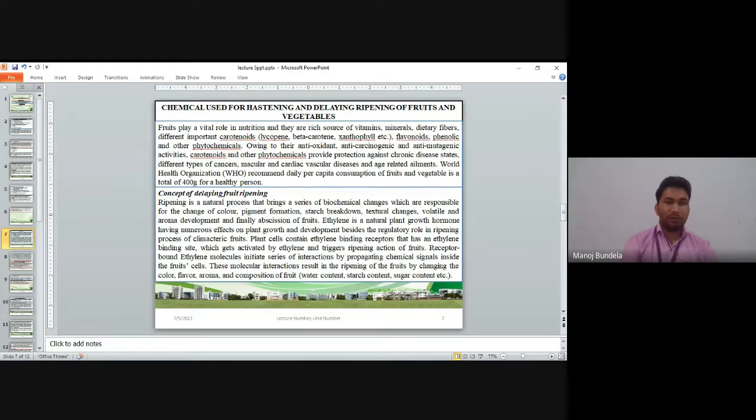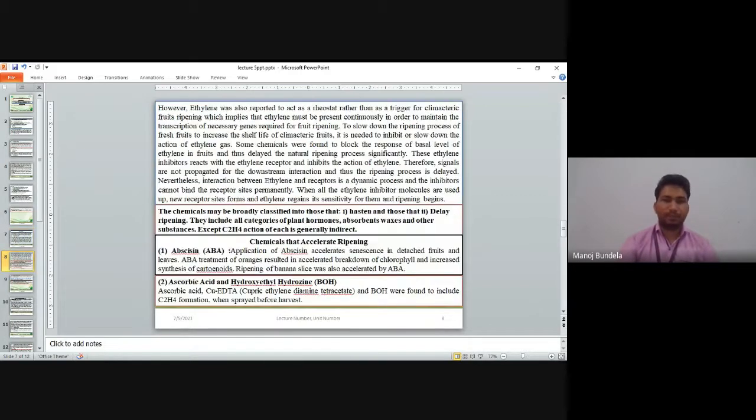Receptor-bound ethylene molecules initiate a series of interactions by propagating chemical signals inside the fruit cells. These molecular interactions result in ripening by changing the color, flavor, aroma, consistency, water content, starch content, and sugar content. These are the different changes that occur during the ripening of fruits.